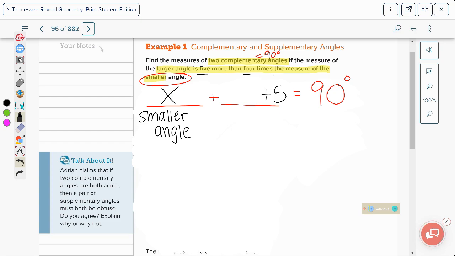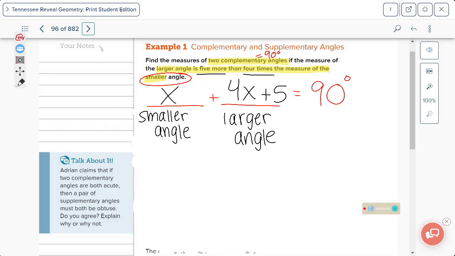So 4 times, that would be multiplication. So it's 4 times x. So 4x plus 5 is the representation of that larger angle. And so now we have a complete equation. We can use this to solve for x. So we'll do that first.